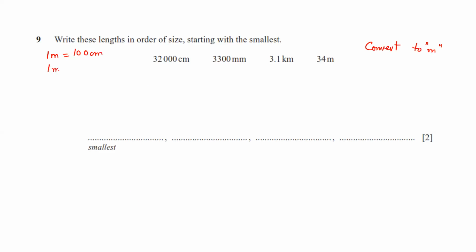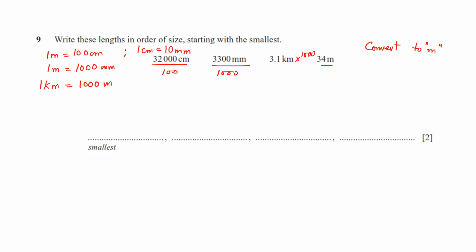And similarly, 1 meter is equal to 1000 millimeter, because 1 centimeter is equal to 10 millimeter. So I will divide this by 100. I will divide this by 1000. And 1 kilometer is equal to 1000 meters. So I will multiply it by 1000, and I will keep it as such.